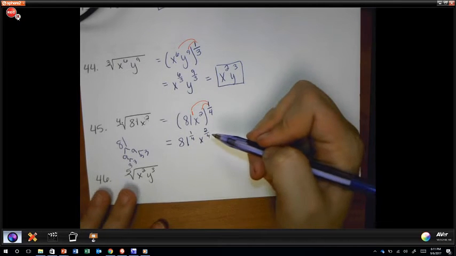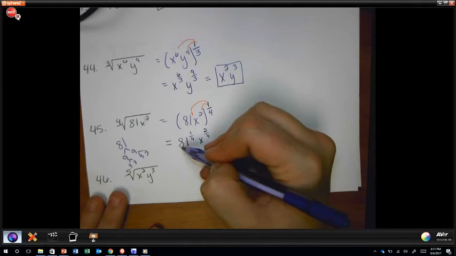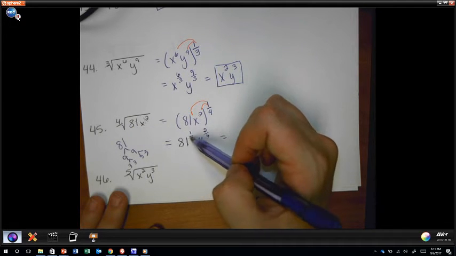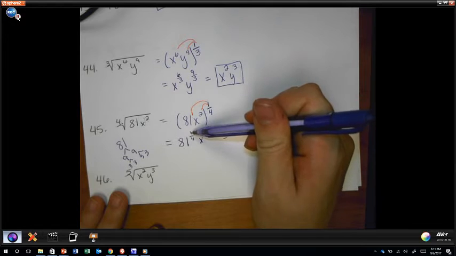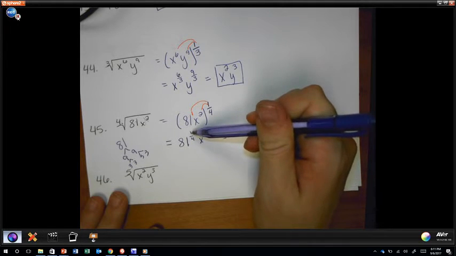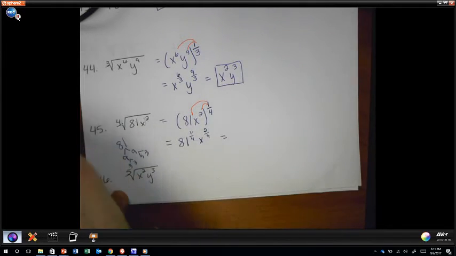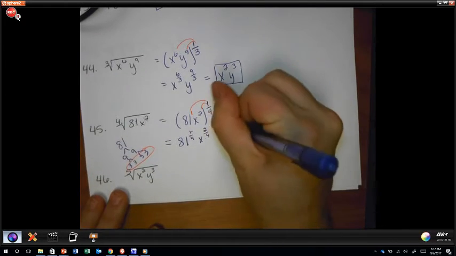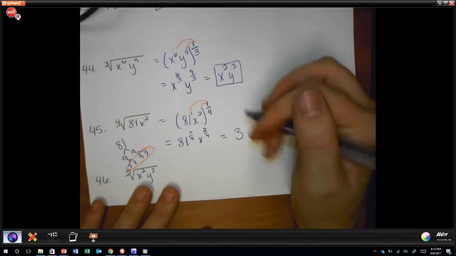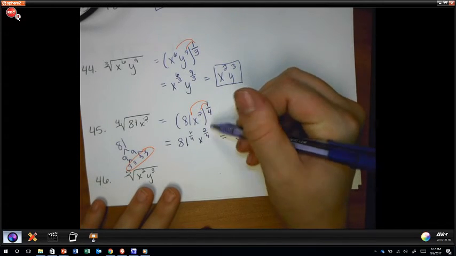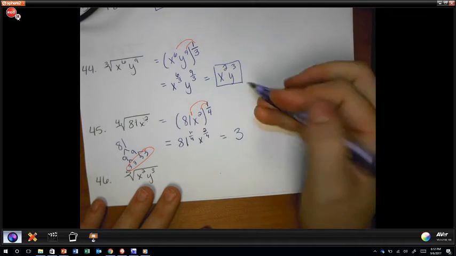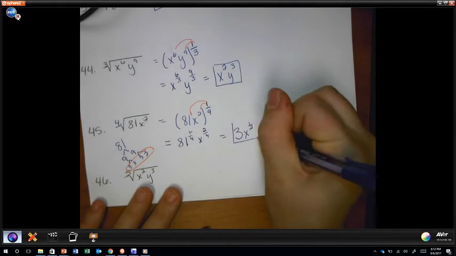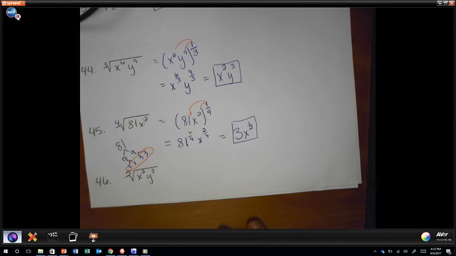That means there's a perfect 4th of 81. We could have taken it at the beginning, or we can show that I need 1 of every 4 factors. That's why it's 1/4. Here are 4 factors of 3. So you need 1 of them for your answer. X to the 2/4 reduces to x to the 1/2. 3x to the 1/2 is my answer.